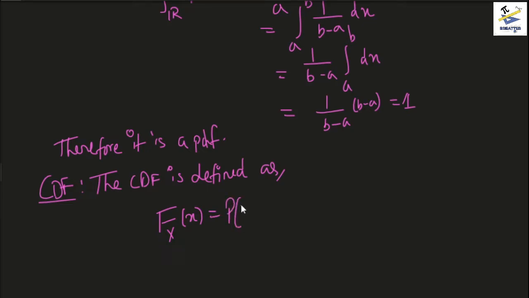Whenever you want to find the probability between any two ranges, you just need to integrate. Now we know the lower limit is a and the upper limit is given as a variable x, and we are integrating 1 by b minus a dx. This will just give you (x minus a) by (b minus a), which is the answer for the CDF, right? And we always know a is less than x less than b.